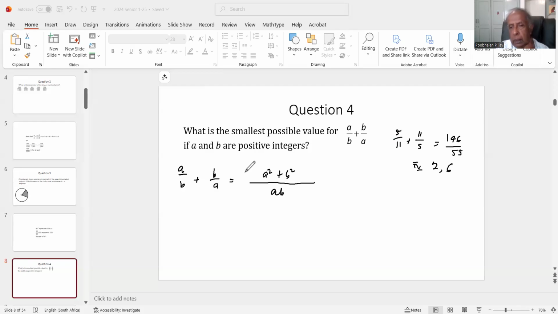All right. Now, you can see that A squared plus B squared is positive, but you don't know what the smallest value of this is. You need to look for the smallest value. And there is a trick. Well, normally, whenever you have this kind of thing, you take the square.